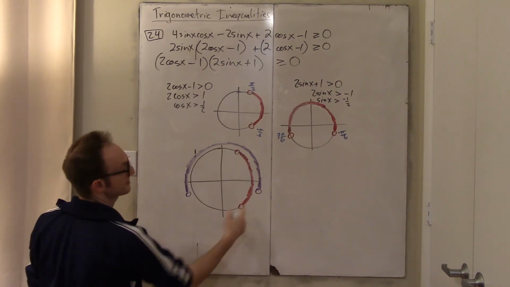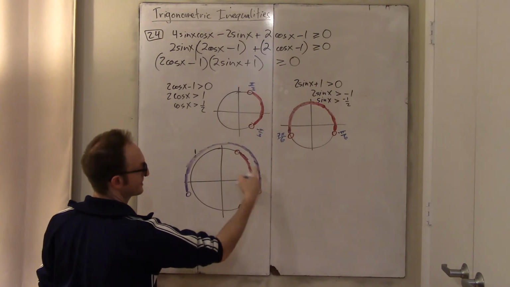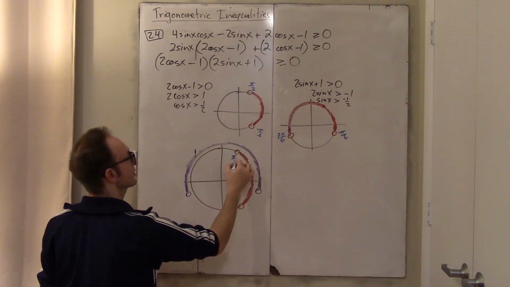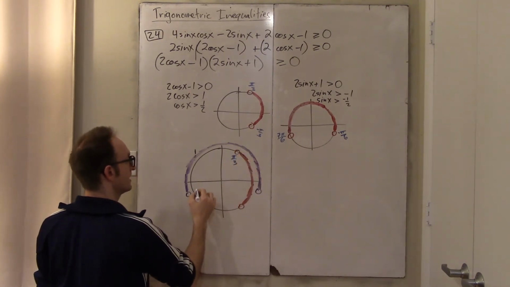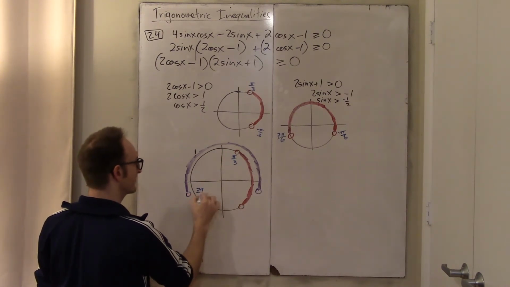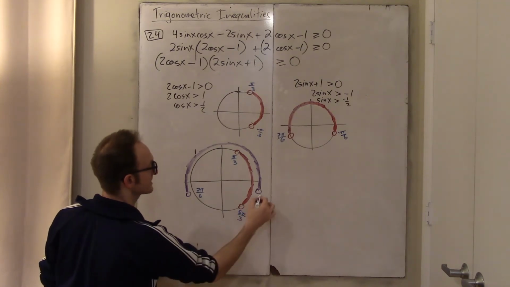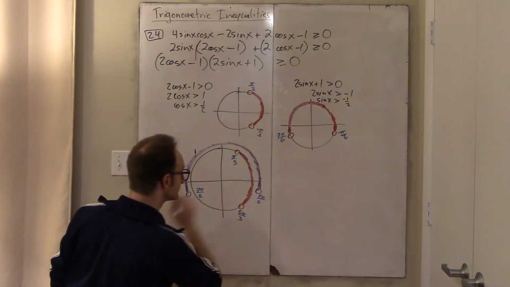Maybe that's the simplest thing to do right now, first, just as a warm-up. So that's pi over 3, that's 7 pi over 6, that's 5 pi over 3, and that's 11 pi over 6.